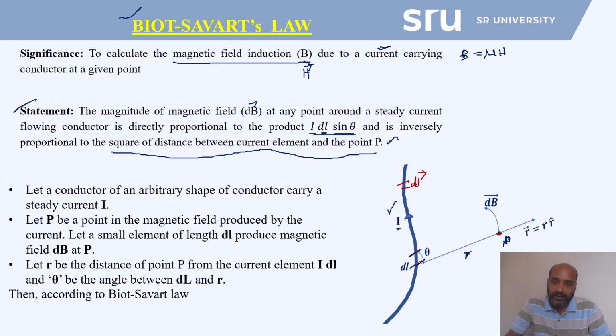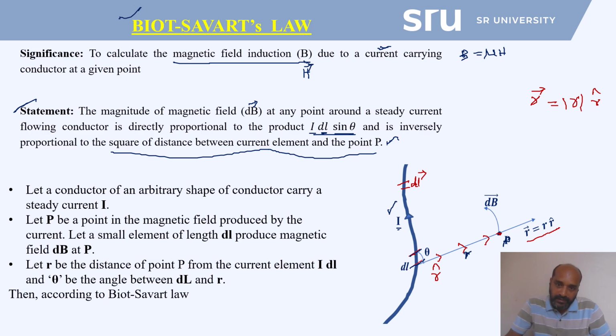Now this distance vector r is made from a base vector, the unit vector r cap, by scaling that vector a number of times. How many times? The magnitude of r. So vector r is the magnitude of r into r cap.